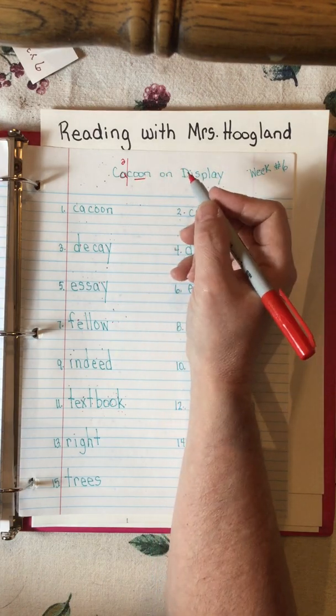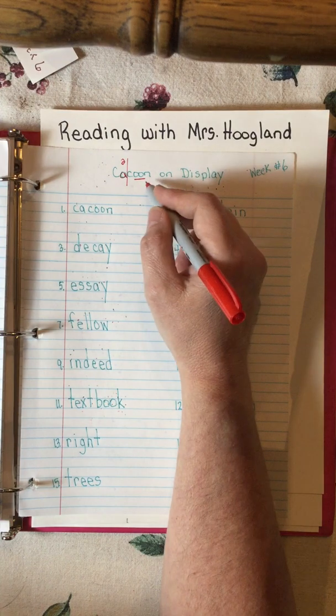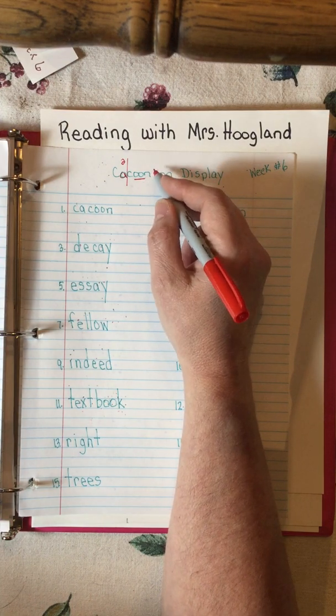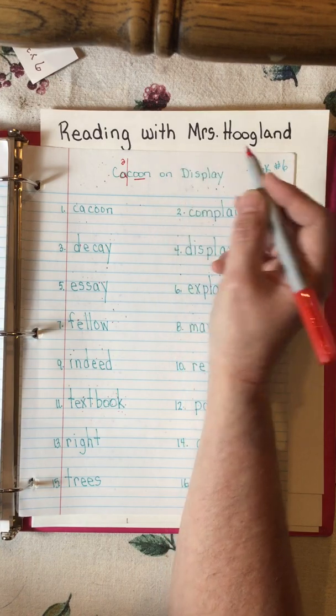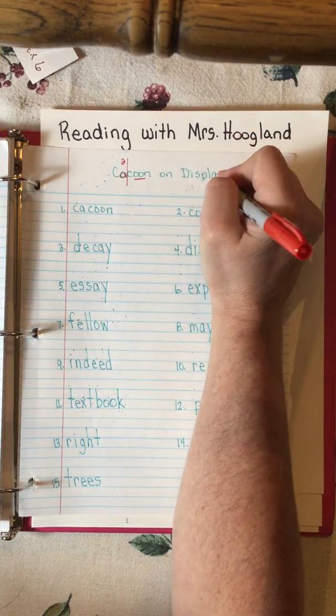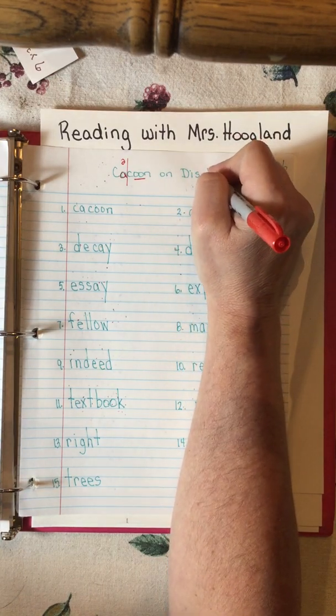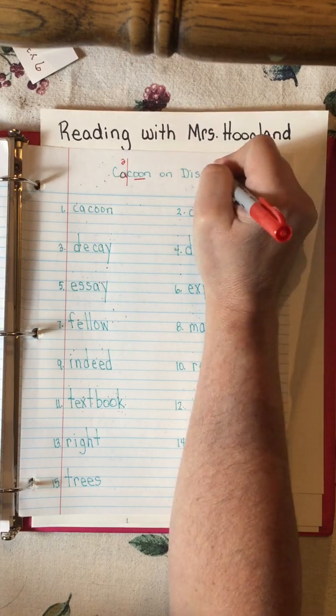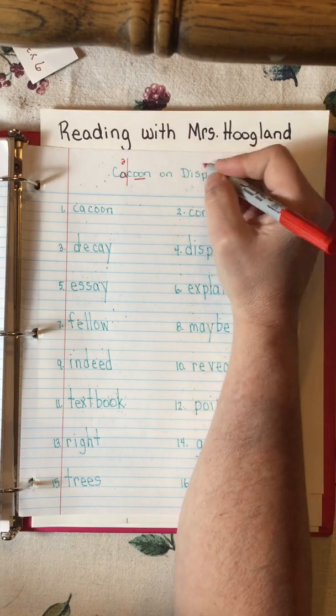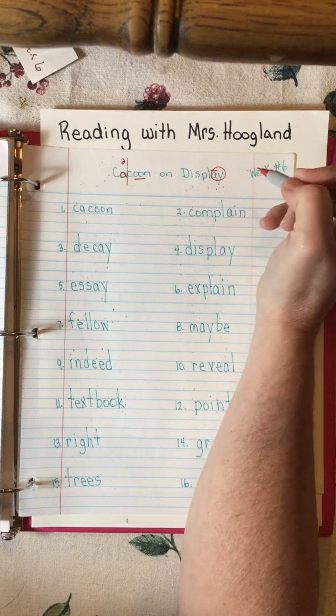The oo works. You need to know that double O has two different sounds, so you just have to be flexible with it. Then I know that A-Y is a chunk that says A. So this word is display.